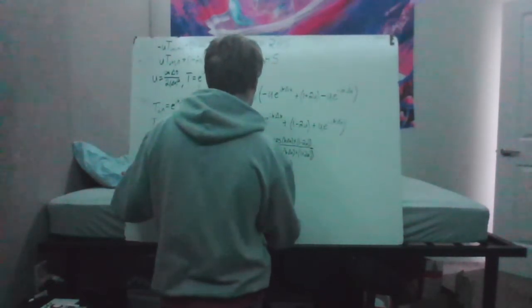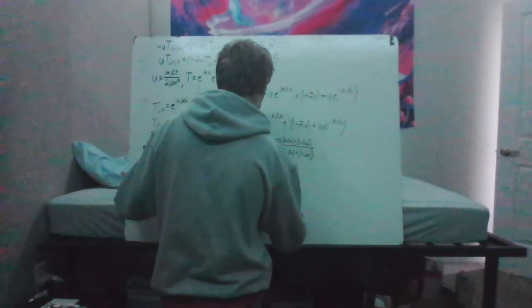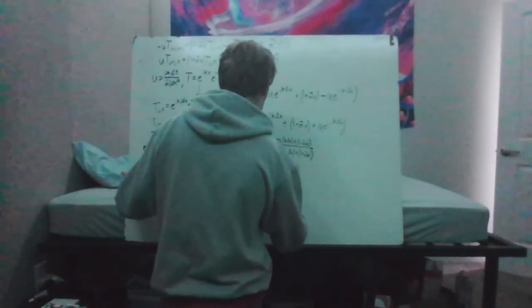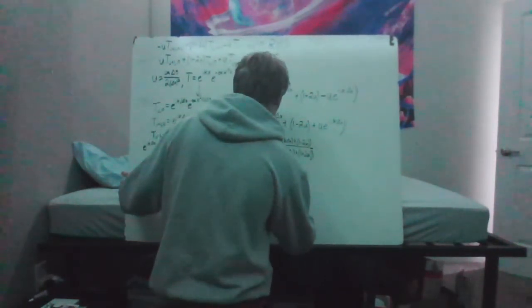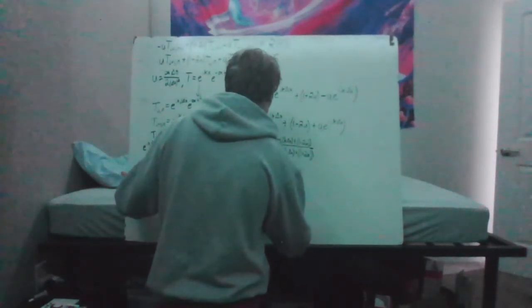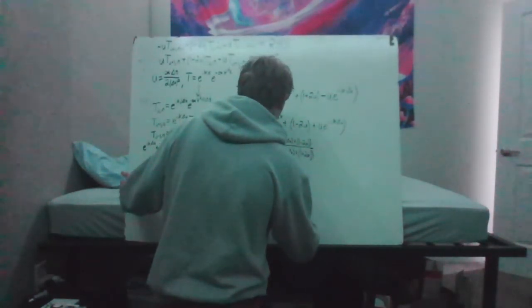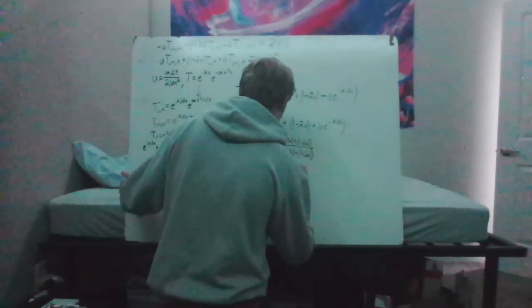But now on the top, we will have 1 plus 2u, and then cosine k delta x minus 1. And then on the bottom we'll have 1 plus 2u, 1 minus cosine k delta x.